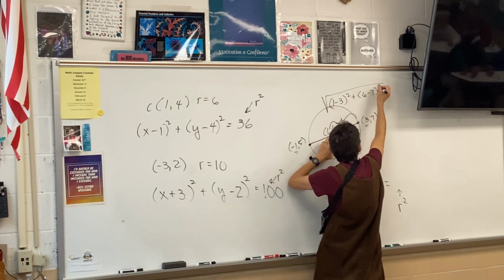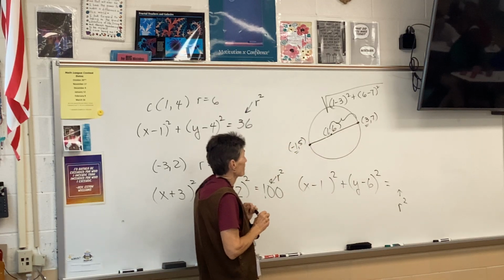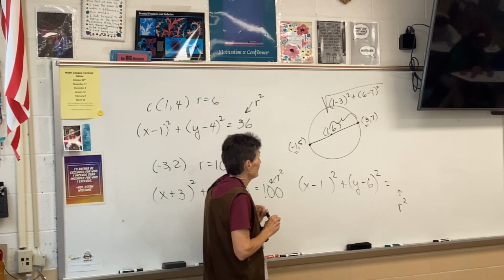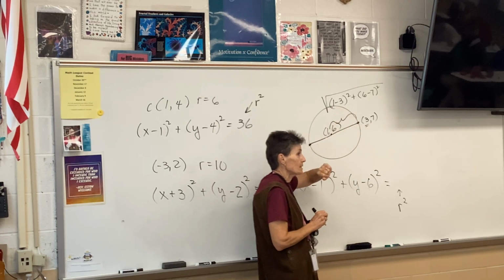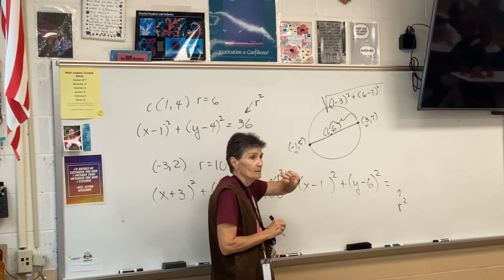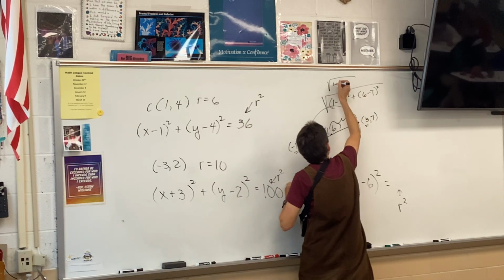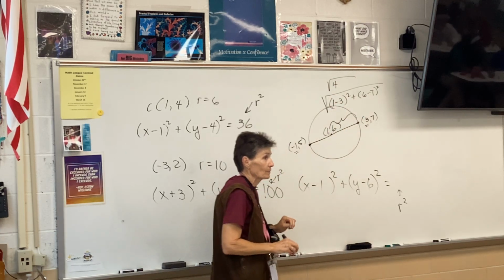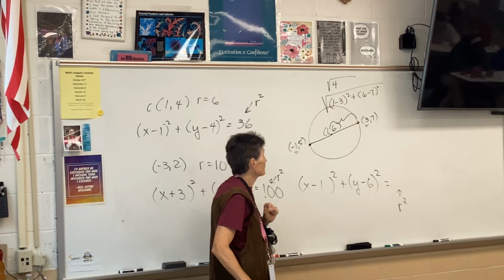Yep, very good. One minus 3 is -2. And when I square that, I get 4. Remember, when you square something, it will never be negative. So -2 squared is 4.